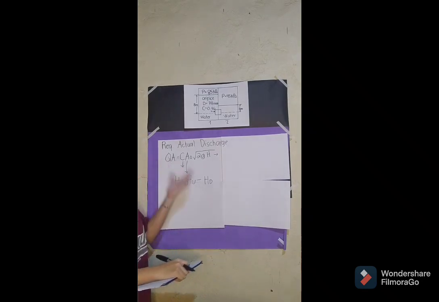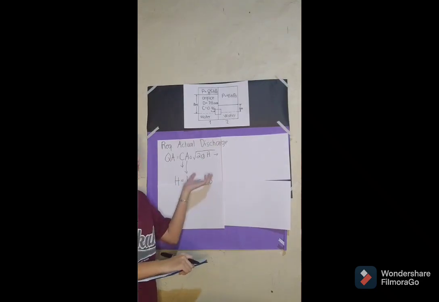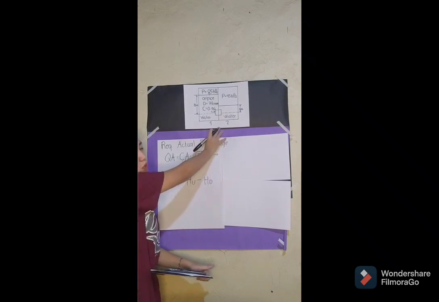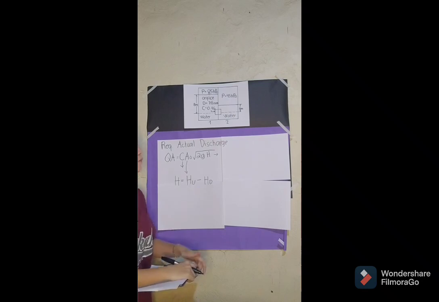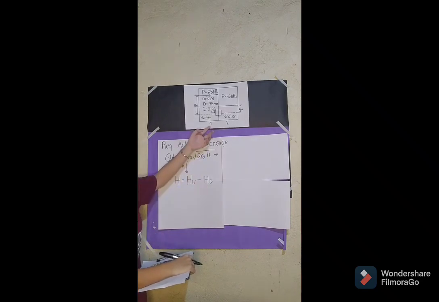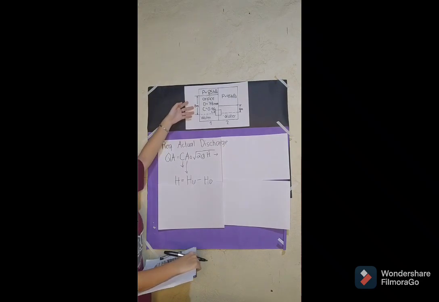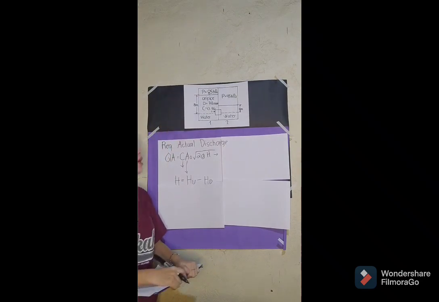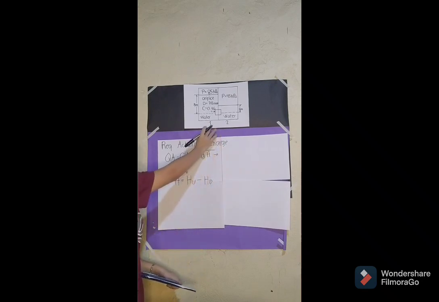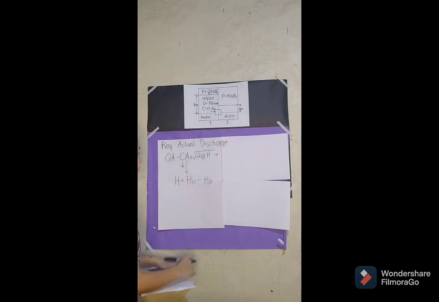How can we determine if this reservoir is the upstream reservoir or the downstream reservoir? Based on our figure, it is very obvious that our upstream reservoir is the first chamber because it has a higher head of water and also a higher air pressure. So this part is our H_U and this part is our H_D.